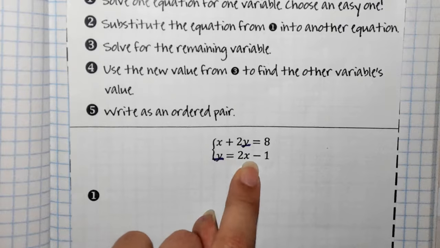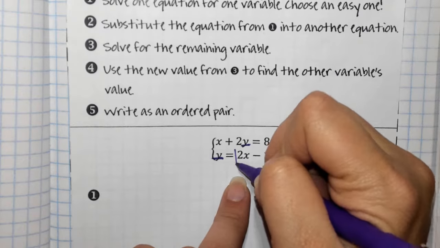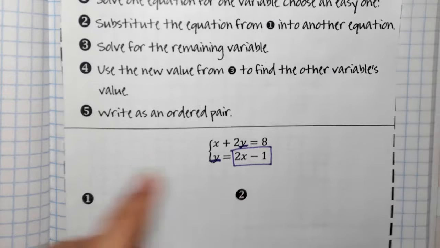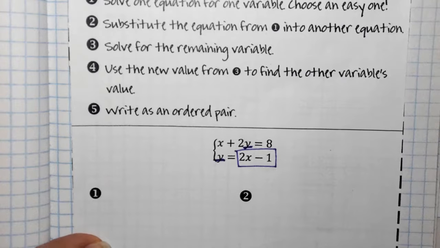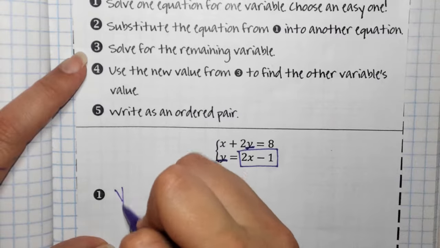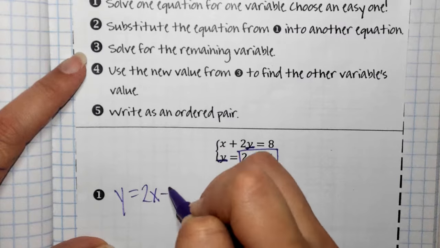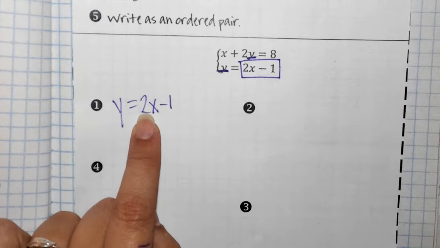Now, what does Y equal? 2x minus 1, right? Put a box around 2x minus 1. Now, that's what Y equals. So, step 1 was to get a variable by itself. So, that's Y equals 2x minus 1. That's our variable that's by itself. We're going to write it right there.